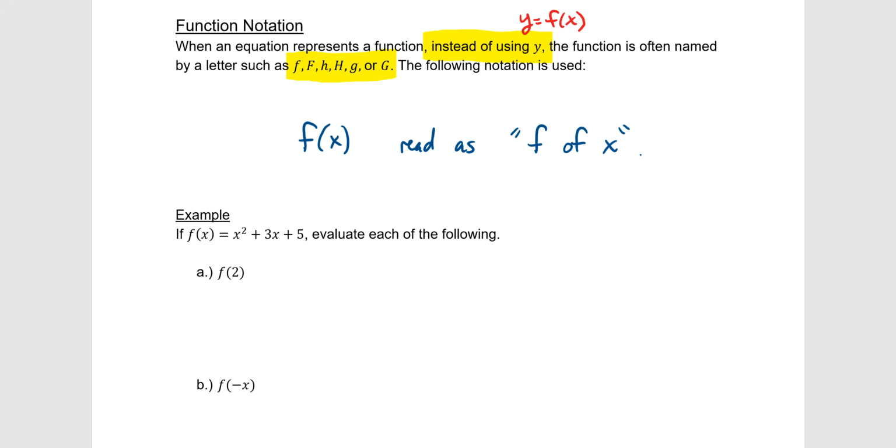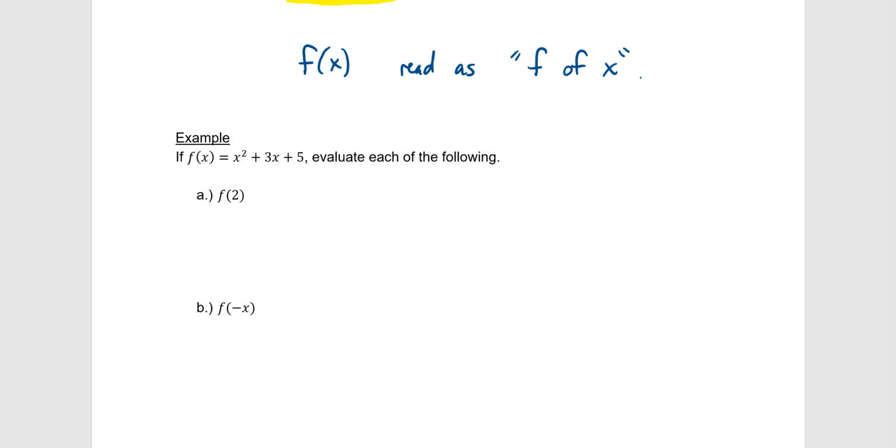So we could also have something like g of x or h of x or something like that. I'm just going to be using f for now. So it's also really important to know that this f of x, that's not multiplication. That does not mean f times x. That is one set thing, and you can think of it, as I wrote up here, as the replacement for y.